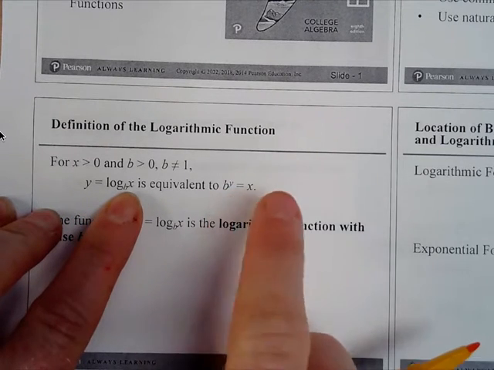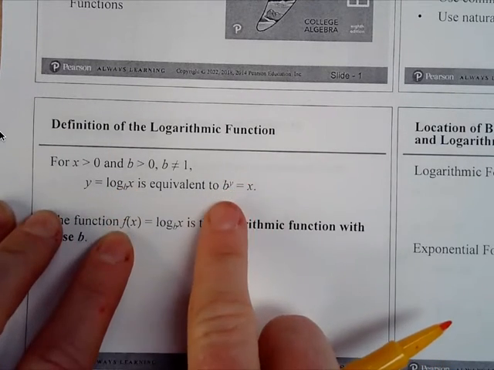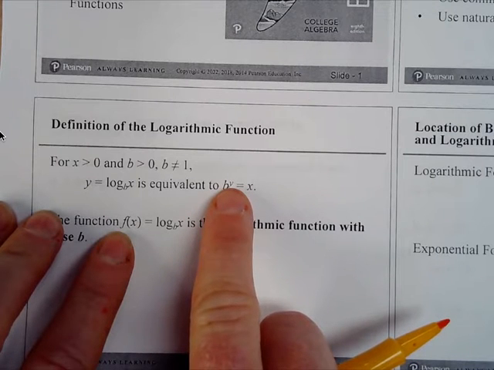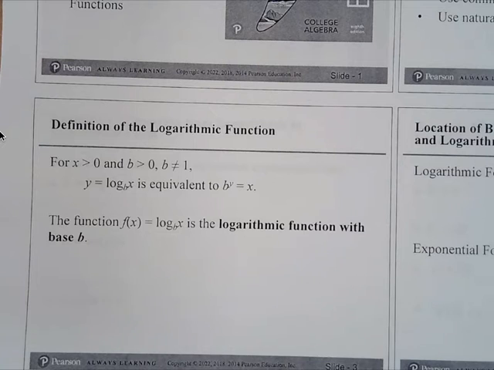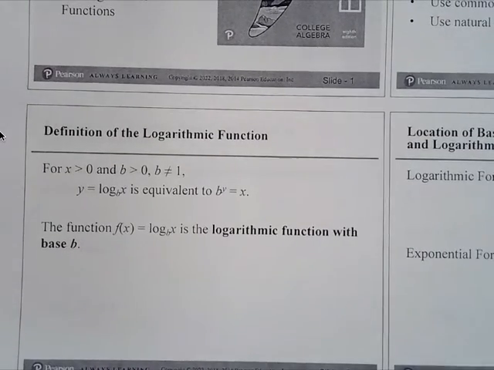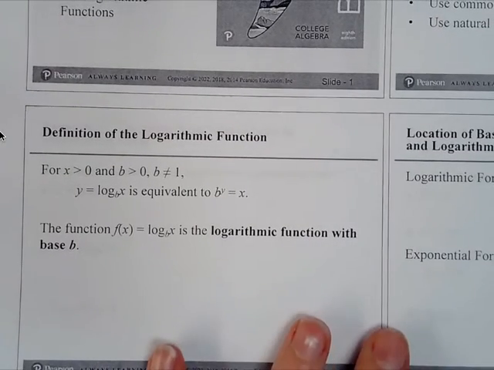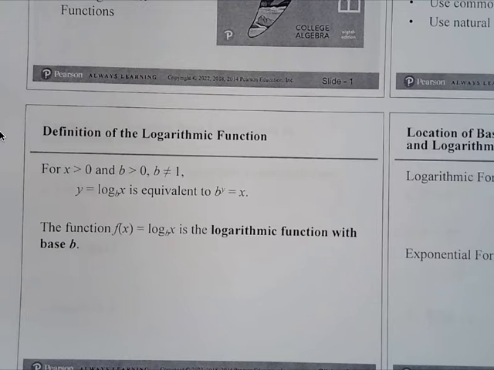Log base b of x equals y is equivalent to b raised to the y equals x. If you've taken pre-cal, you've already seen this. If you haven't, then I don't think you see it in Algebra 2. I think it's a pre-cal skill. So the function f of x equals log base b of x is a log function with base b. So b can be any value.